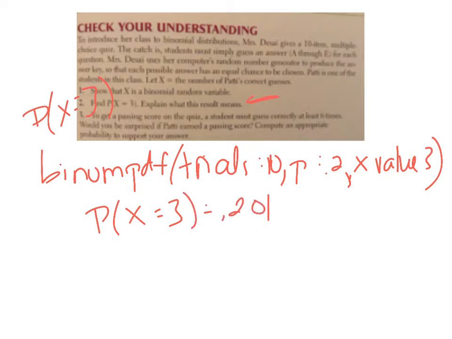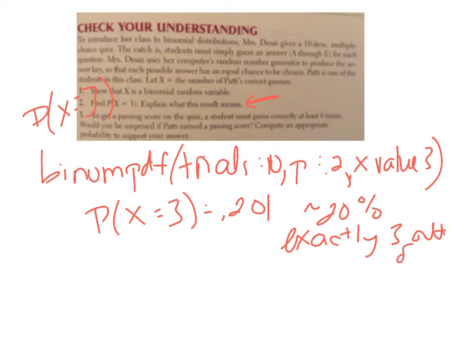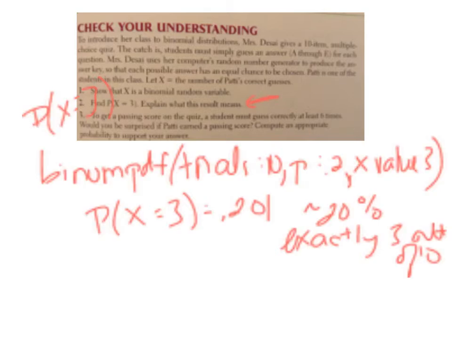But then I need to put it in context. I need to explain what it means. So what that means is there's about a 20% chance that Patty would get exactly, and that's important, exactly 3 out of 10 correct.